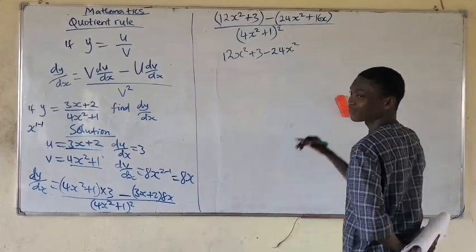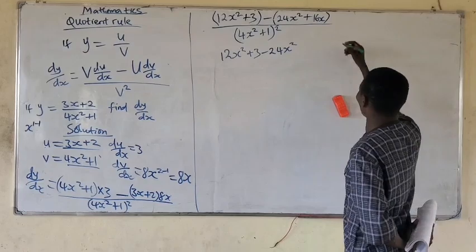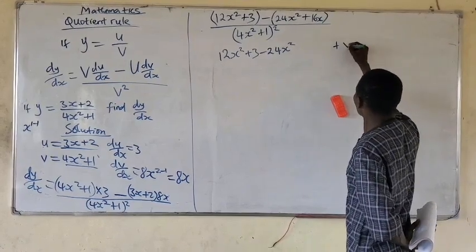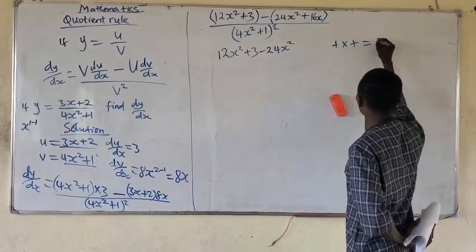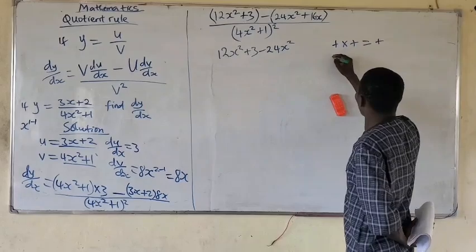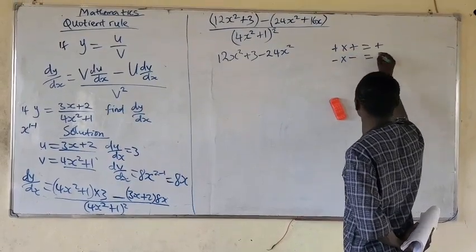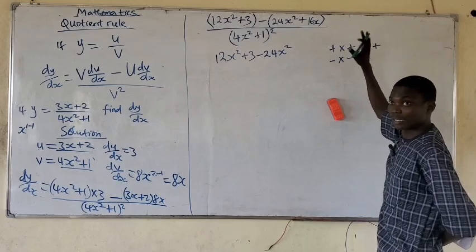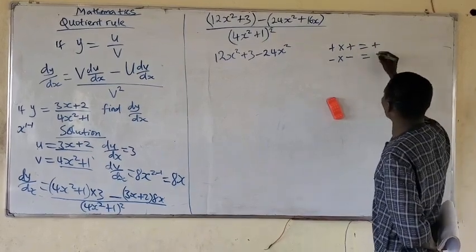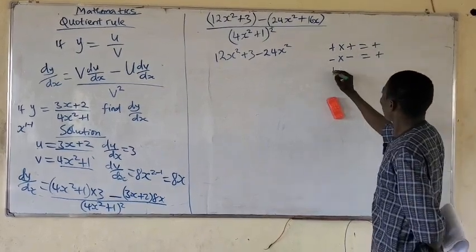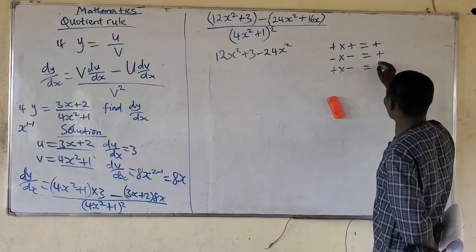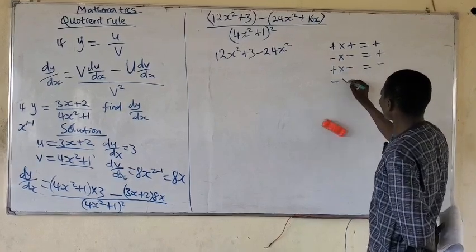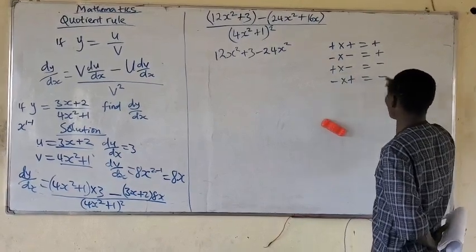Plus times plus will give you plus. Minus times minus will give you plus. Plus times minus will give you minus, and minus times plus will give you minus.